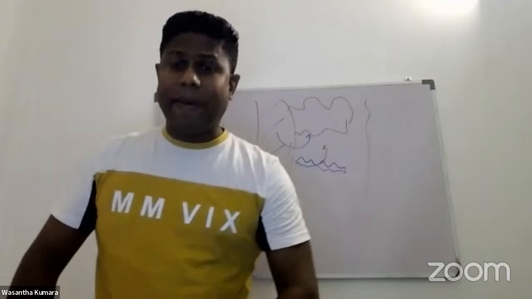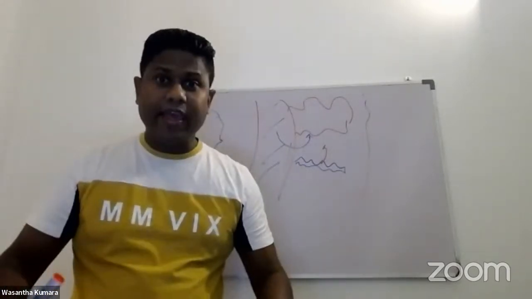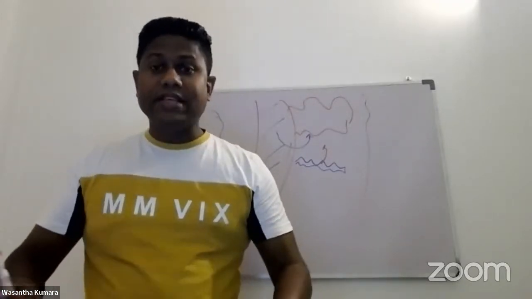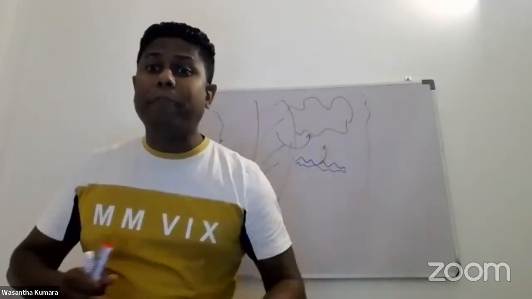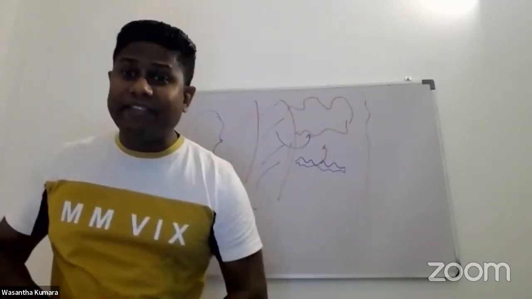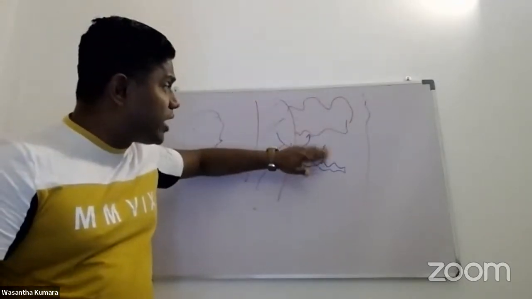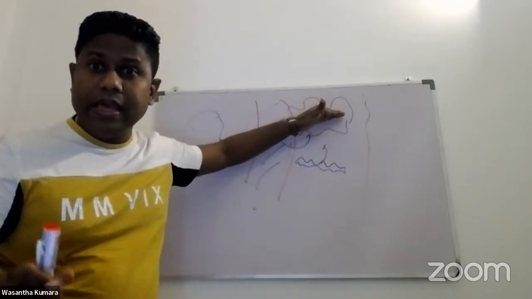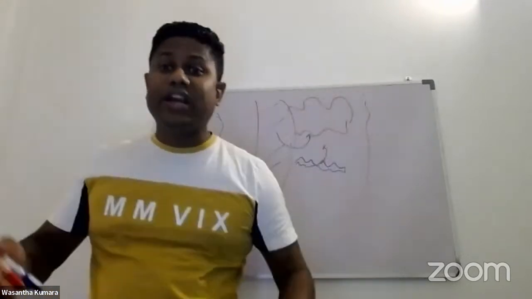In preeclamptic patients, the problem is the first wave of placentation is okay, but the second wave is abnormal. That means it doesn't happen, it's not taking place in a proper way. What will be the end result? Now you need to convert these high resistant vessels into low resistant vessels. However, since the second wave is defective, you can't do that conversion.